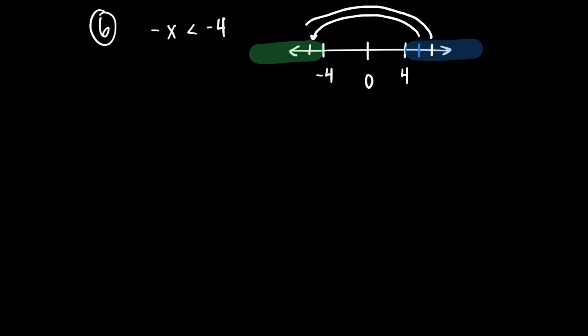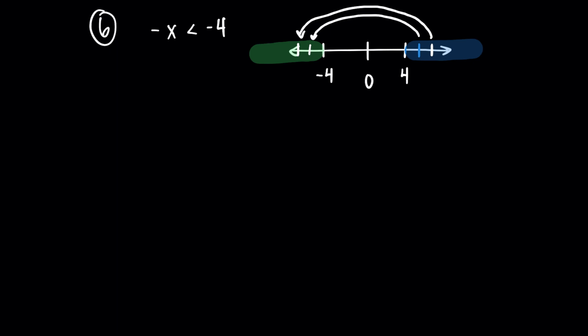I would end up at negative 6. So I'm going to say any number in the blue zone, if you took the negative of it, you would end up in the green zone. So literally any number in the blue zone would satisfy this original inequality that we have here. So if you took the negative of it, it would happen to be less than negative 4. It would fall to the left of negative 4.